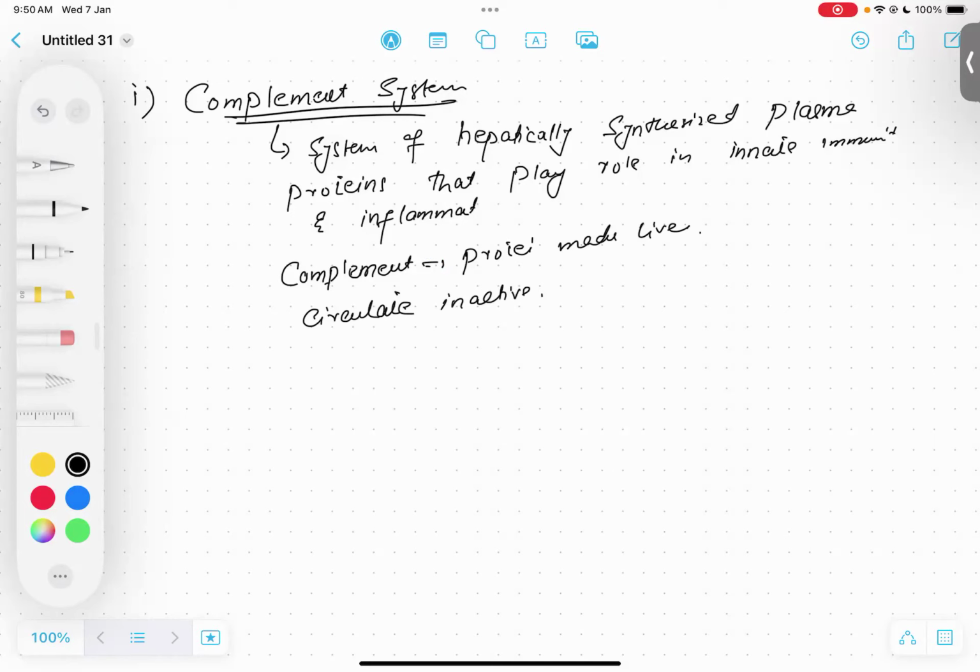When they get activated, they act in a cascade, meaning that one complement, when activated, will activate another one, and as a result a cascade of complement activation takes place. This plays a part in innate immunity.